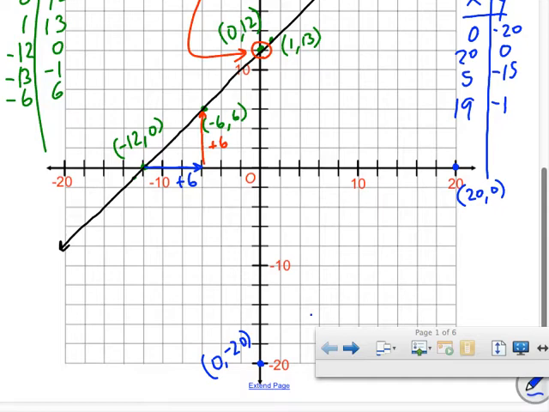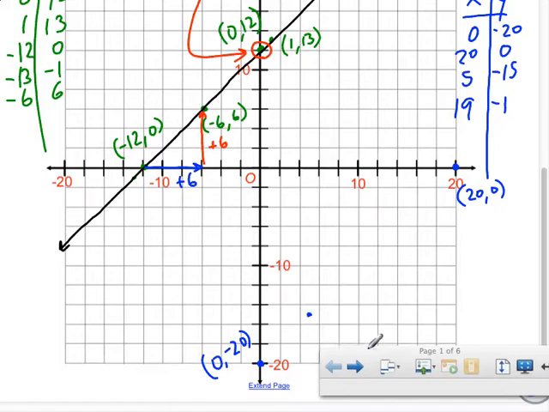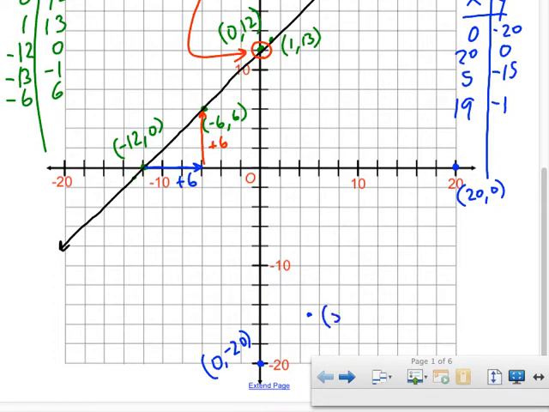So right here, (5, -15). And then I'm just going to use one more spot. (19, -1). Okay, let me go ahead and draw the line. And then we need to observe some relationship here between these two graphs.